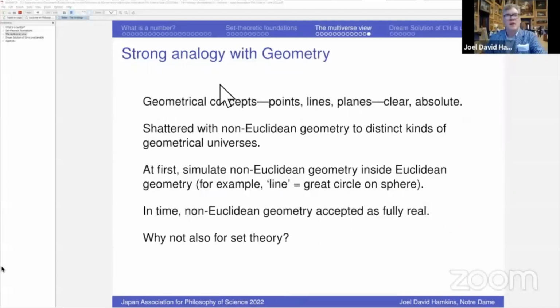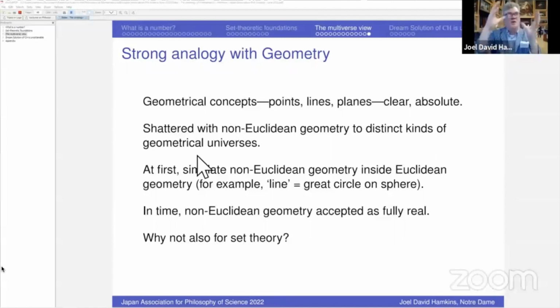So I want to make the analogy with geometry. So the geometrical concepts studied since antiquity, points and lines and plane, seemed to have a clear and absolute meaning for millennia. But this view was shattered with the rise of non-Euclidean geometry, where we now have distinct kinds of geometrical universes. At first, of course, geometers would simulate the non-Euclidean geometry inside Euclidean geometry.